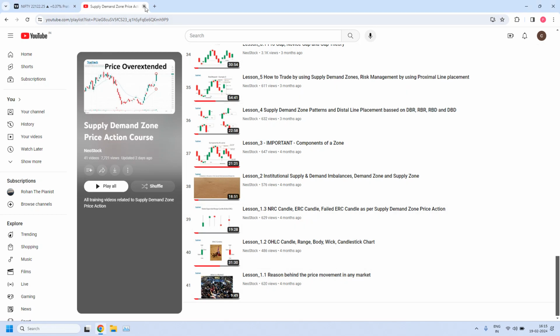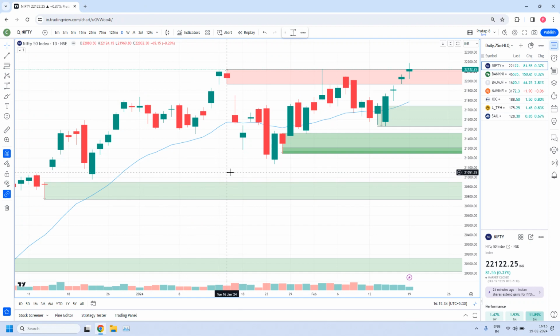Now let us get into analysis of our high liquidity zones generated in our previous report. The previous report is from last Friday. On Friday, we identified 5 high liquidity zones from the daily time frame and 75 minutes time frame. Out of these 5, 2 stocks got the trades.